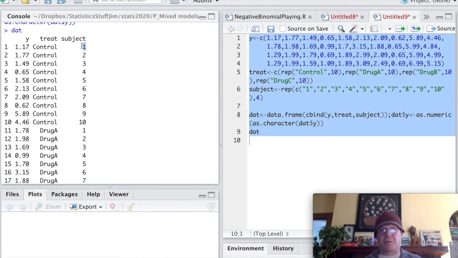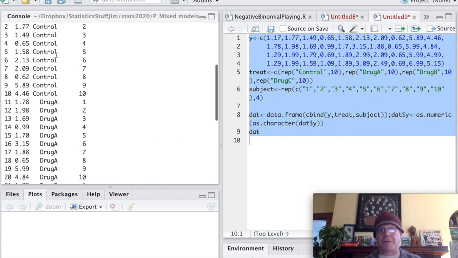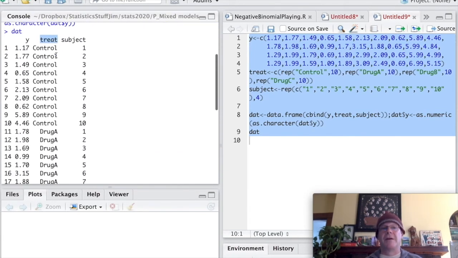Actually, in a perfect world, like with our example here, where each subject is getting the 4 different treatments, you would randomize the order for each subject. So maybe one subject would first have drug A and then drug C and then drug B and then control, and maybe somebody else would start with control and then B and then C and then A, and so on and so forth.